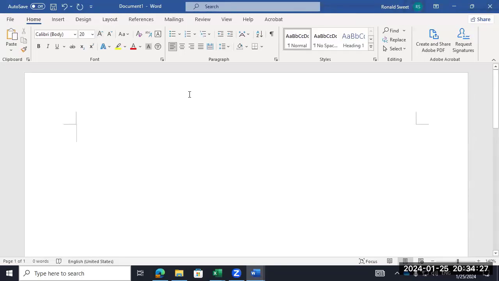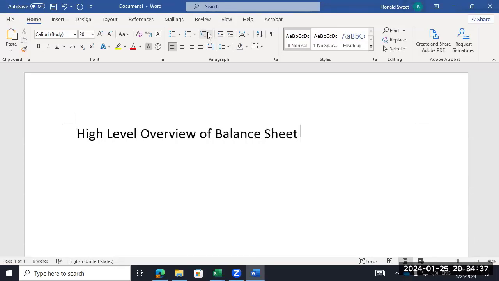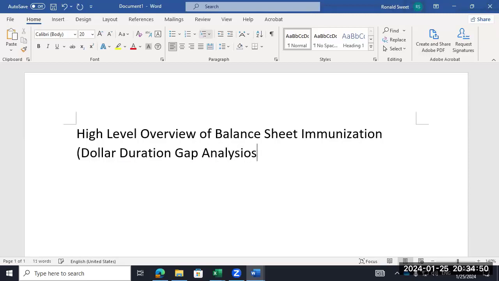So what we're going to do, I'm going to give you the steps so you can get a high level. So we're doing balance sheet immunization and ultimately dollar duration gap analysis. These are 2 different things. Balance sheet immunization is you're managing the duration net worth.